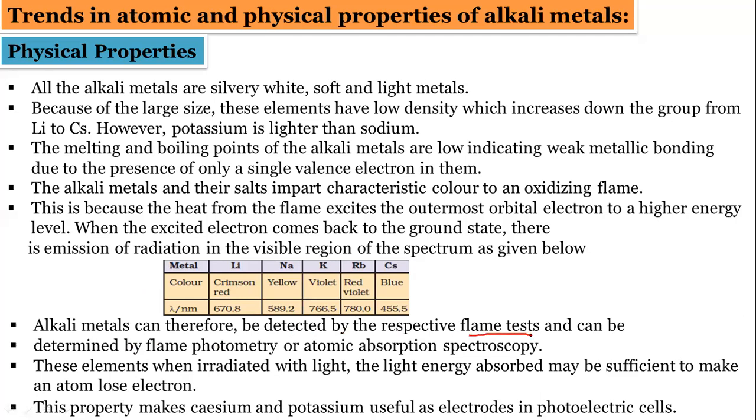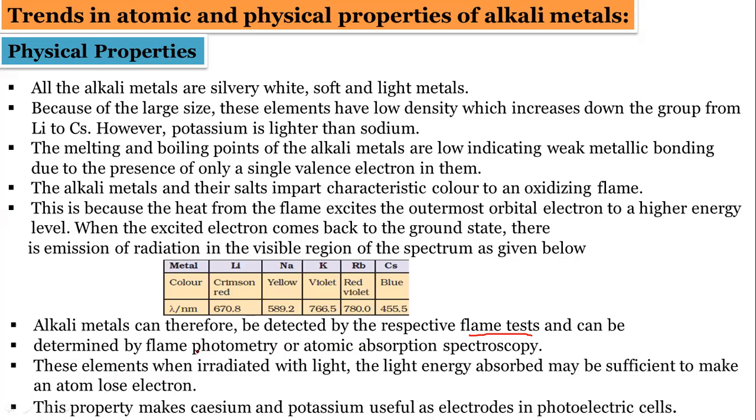So the flame test is a very useful method to detect the metals. The flame test can be carried out by flame photometry or atomic absorption spectroscopy. These are the instruments used for the flame test.